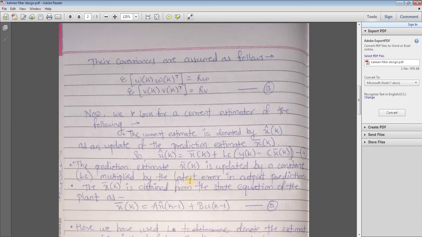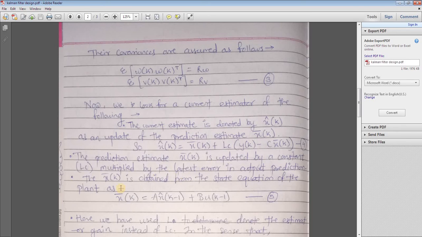Modern devices can complete these computations in a negligibly short time. So we can see here the prediction estimate x bar of k is updated by a constant, this L C, which is multiplied by the latest error in the output prediction, and this x bar of k is obtained from the state equation of the plant.